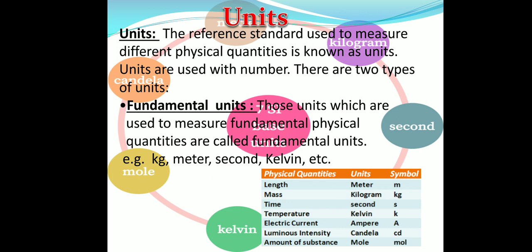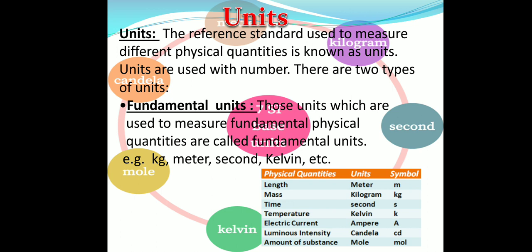First of all, what are fundamental units? Those units which are used to measure fundamental physical quantities are called fundamental units. For example, length is a fundamental quantity, and it is measured in meter.